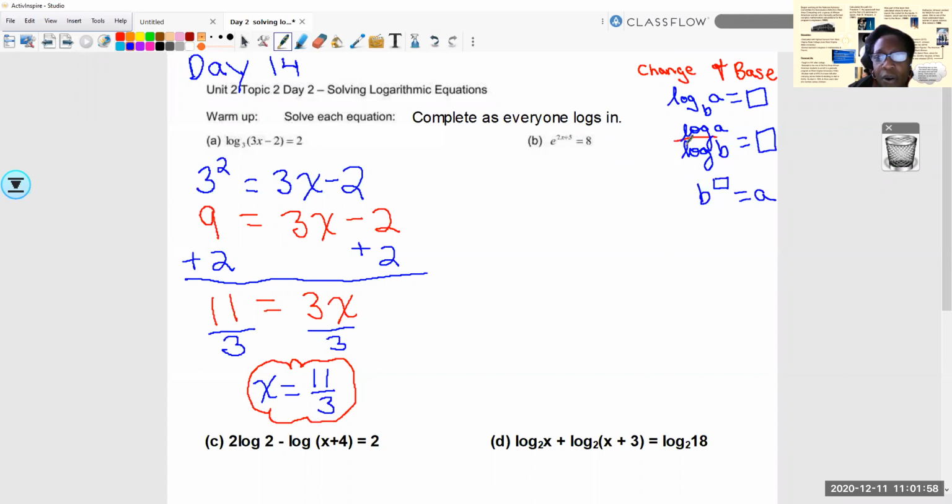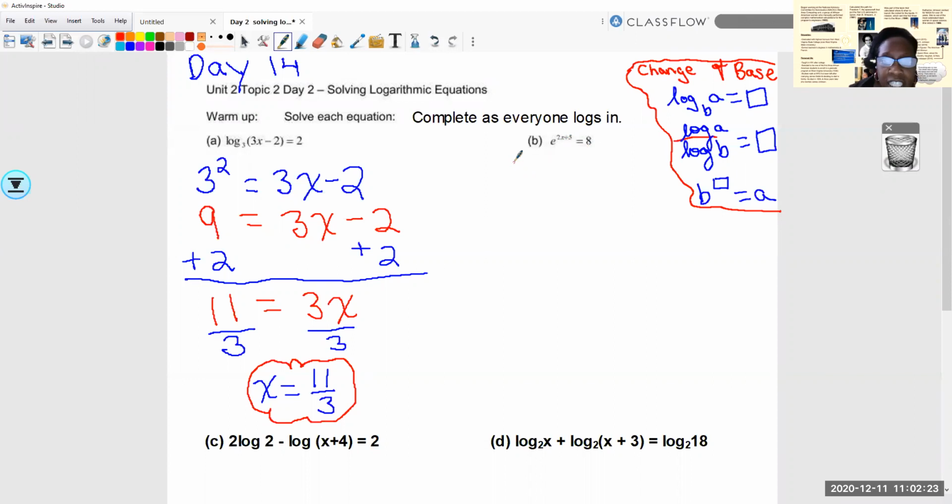So now all of these are equal. Let me just box this. And now we can apply it to this particular problem. It would be log of base e of A is equal to our exponent.